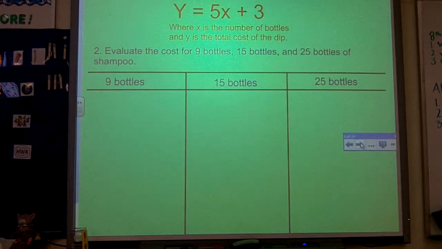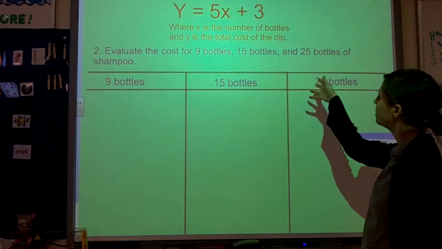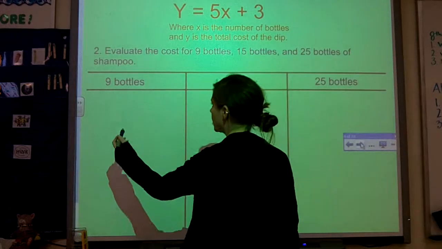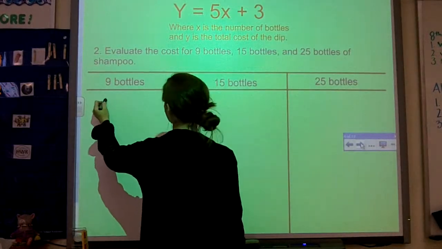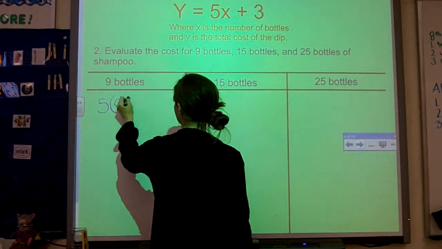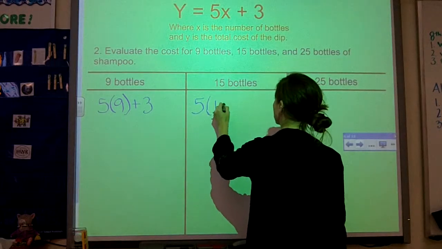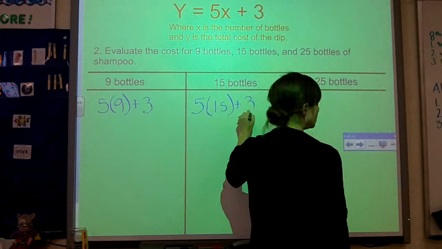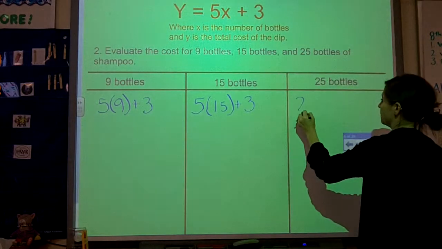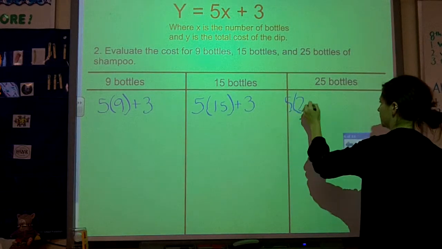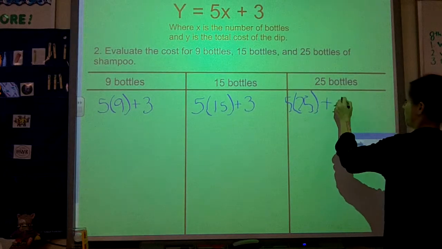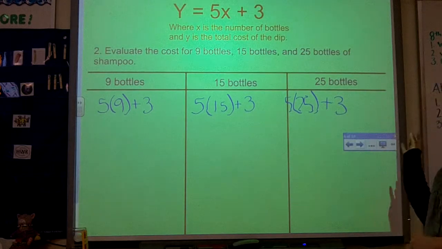Now we need to evaluate the cost for 5 bottles, 15 bottles, and 25 bottles. You will be using your calculator, at least I hope you will, because it's faster. But I do expect you to write out the problems here, and solve accordingly.